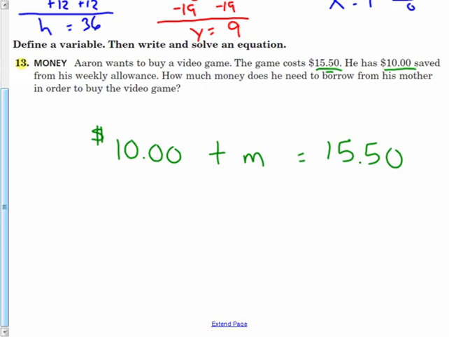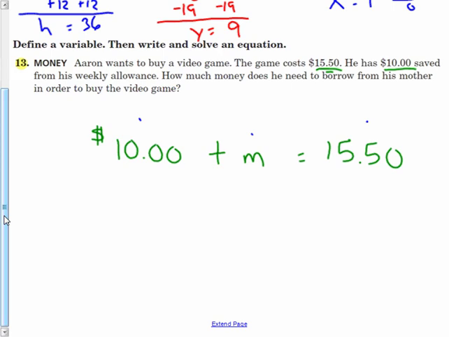I'll put M for money. He needs to add some more money to his savings so that he has $15.50 or enough to buy the video game. So this is my equation that demonstrates that situation. I have the $10 I'm starting out with. I'm going to add some amount of money until I get to $15.50.